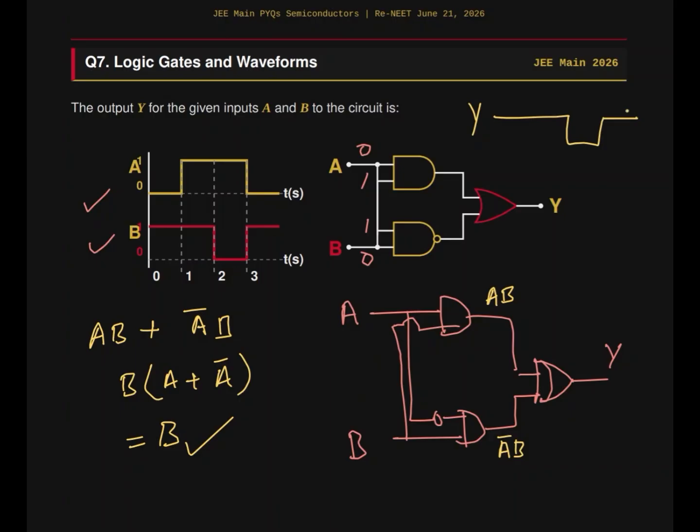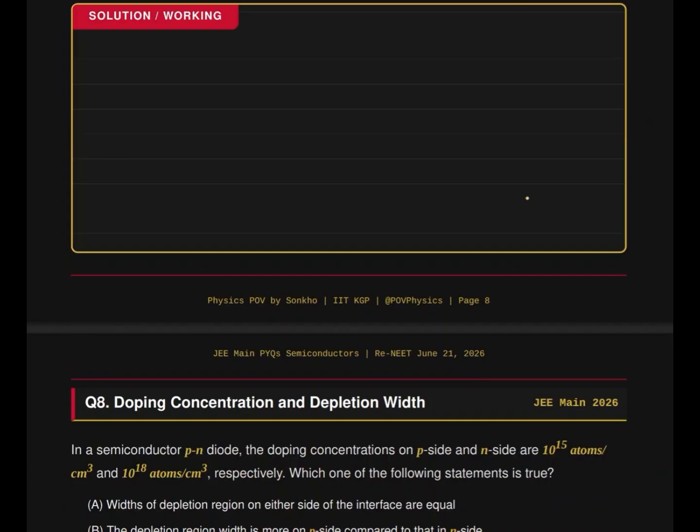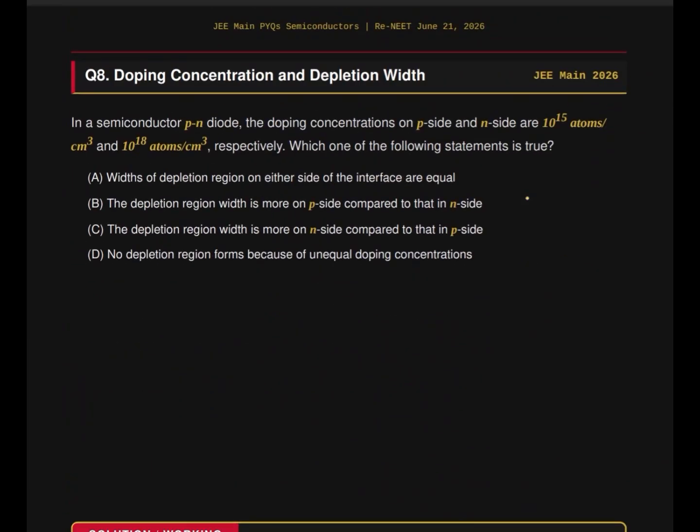Next, what we have? We have a PN junction diode with P side and N side having these doping concentrations: this is the doping concentration of acceptor, and this is the donor. We are asked about the widths of the depletion region on either side, right?